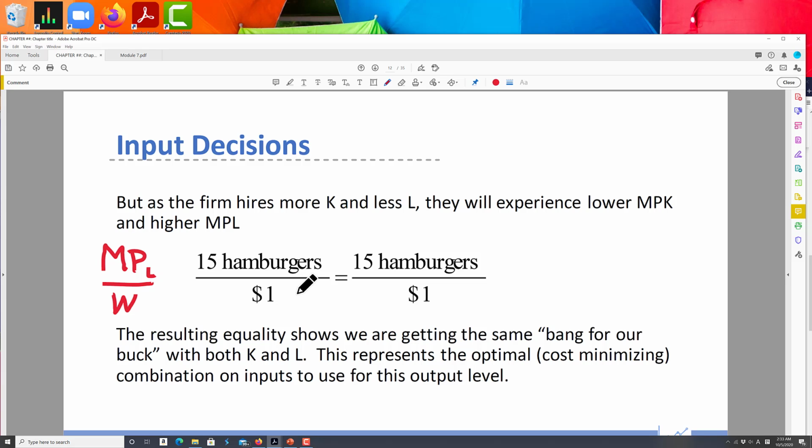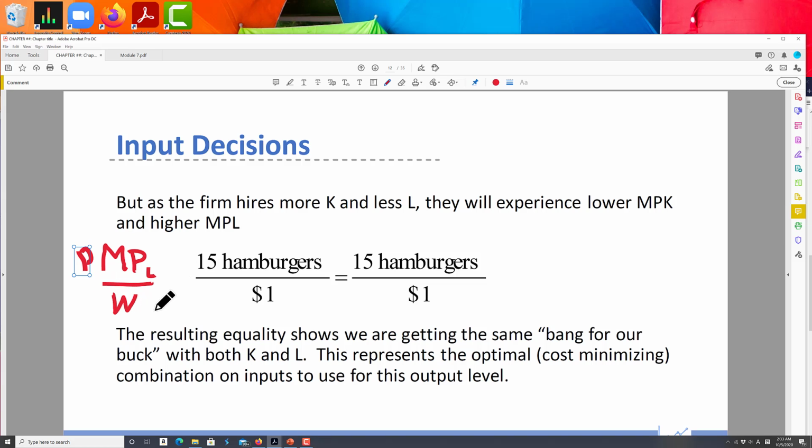So when an efficient combination of inputs is used, that can be detected by the value of marginal product of labor and wage ratio.